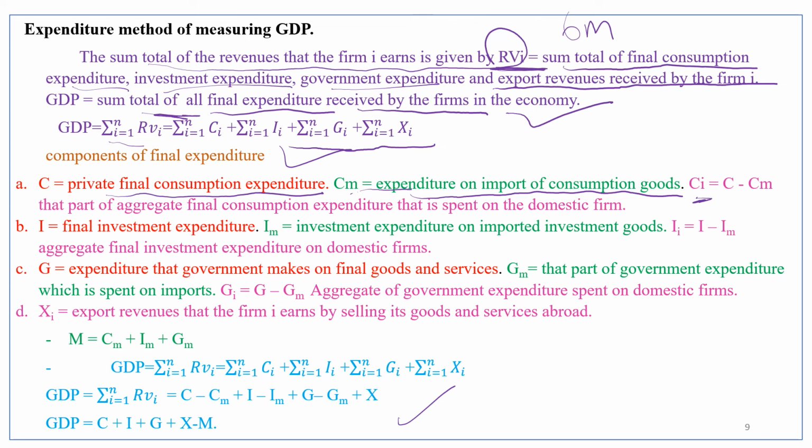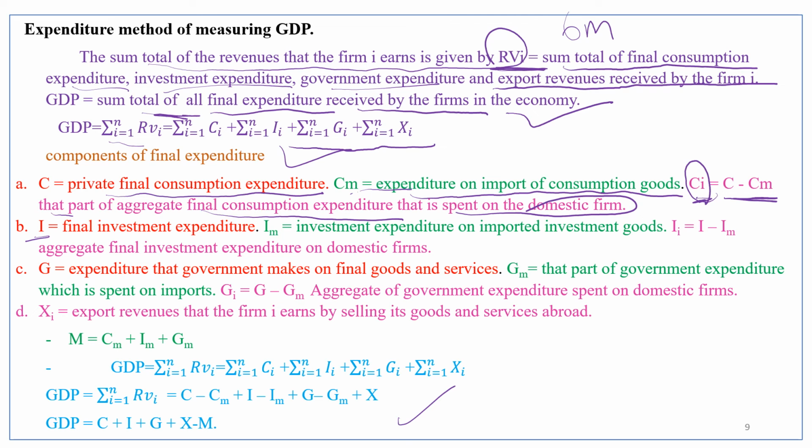So Ci stands for C minus Cm. That means here Ci is nothing but C minus Cm. What is that Ci? The part of aggregate final consumption expenditure that is spent on domestic goods.